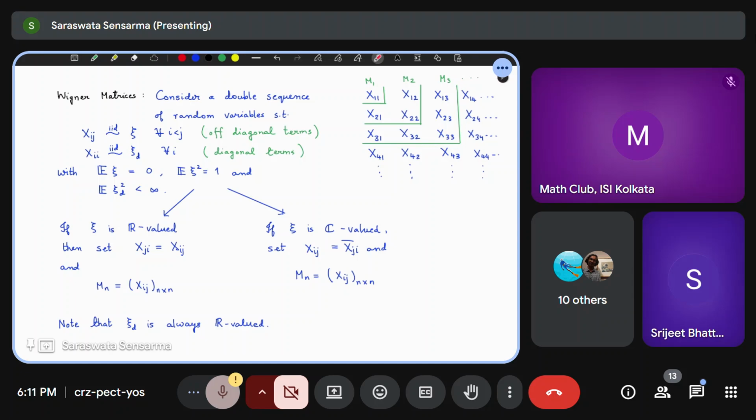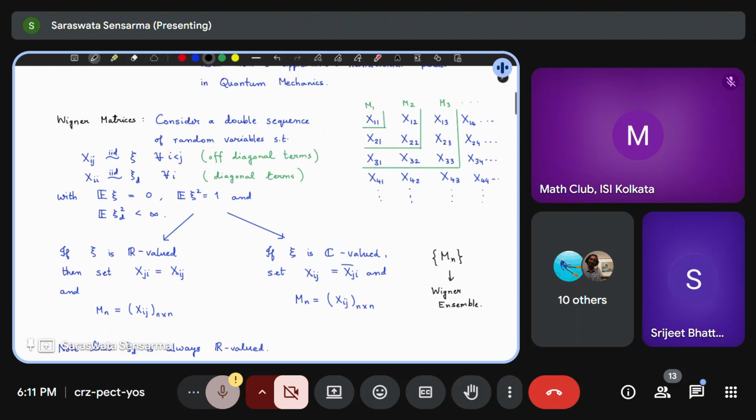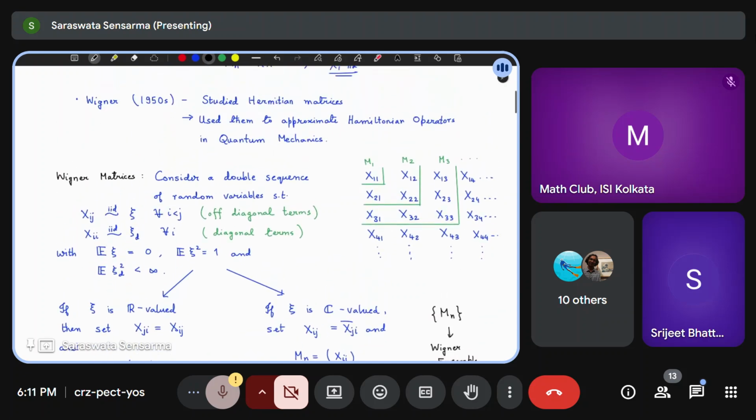From this array, the first 1 cross 1 minor will be called M1, the second will be called M2, the third will be called MT, and this sequence that we get will be called the Wigner random matrices or Wigner ensemble. And this is what Wigner used to approximate this Hamiltonian operator.